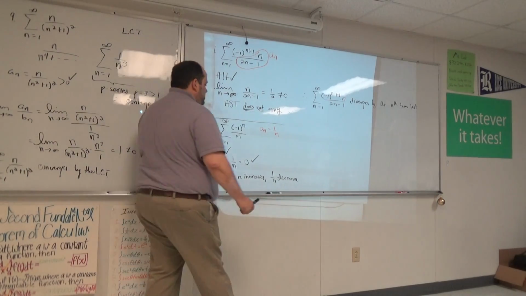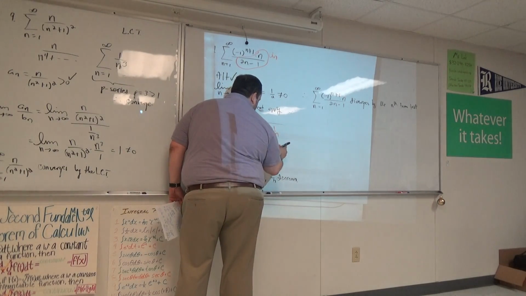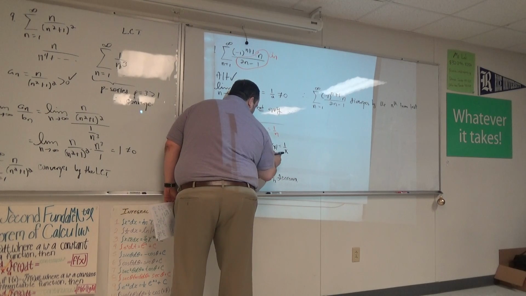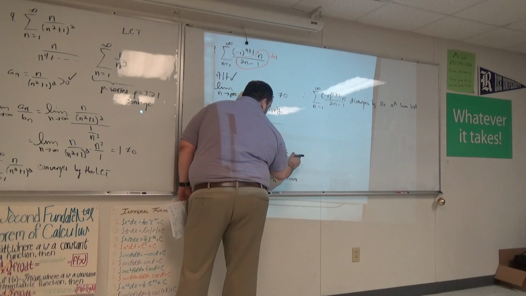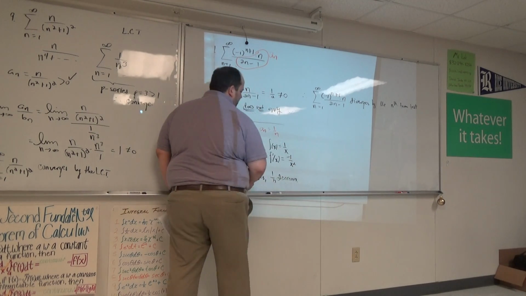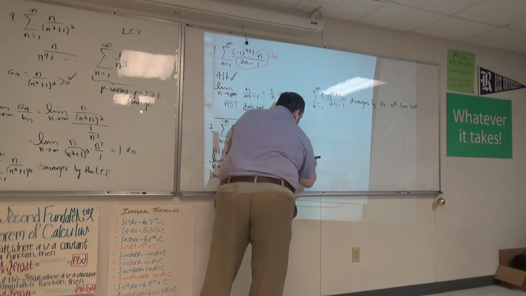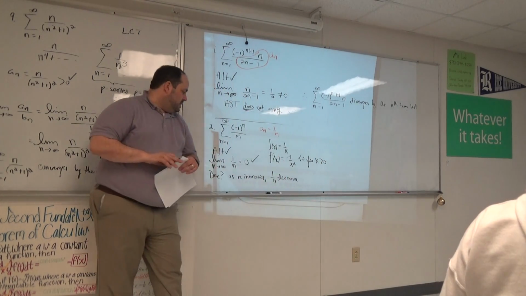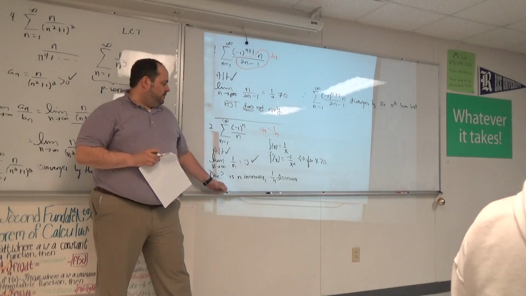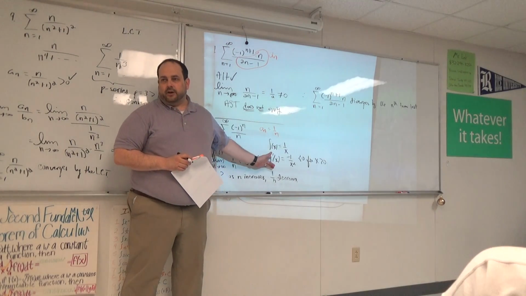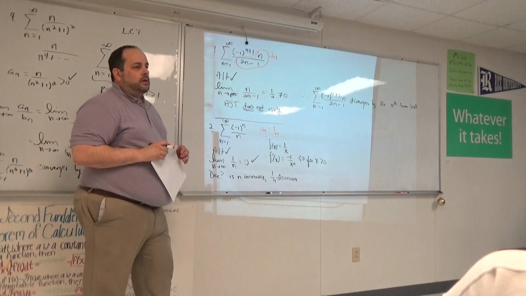Other thing you could do, let me look at f of x equals 1 over x. If I take that derivative, I'm going to get -1 over x squared, and that's less than 0 for x greater than 0. So you can make a verbal argument or a calculus-based argument. This is decreasing with the negative.